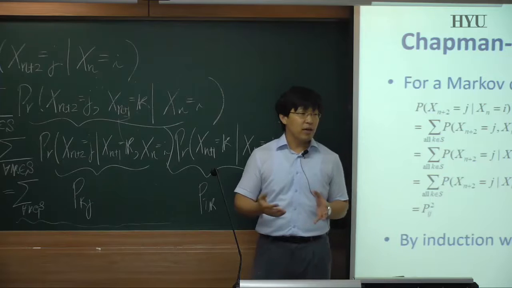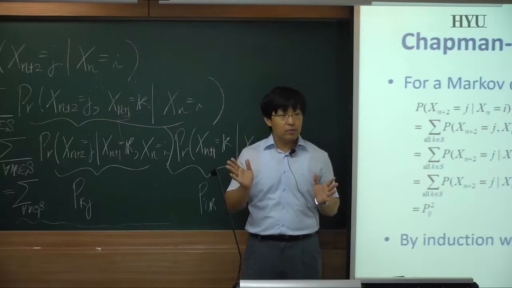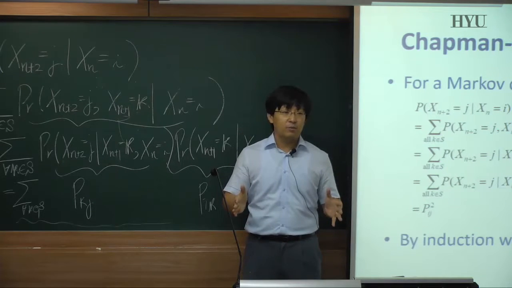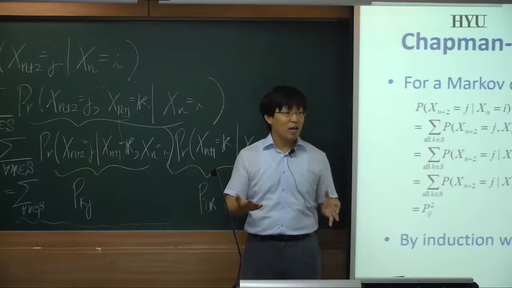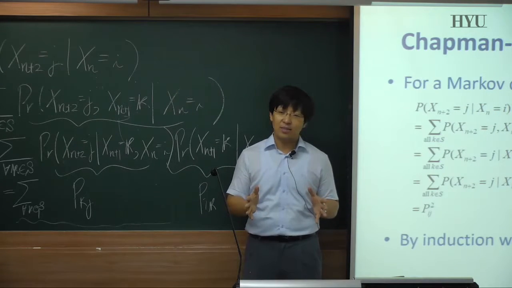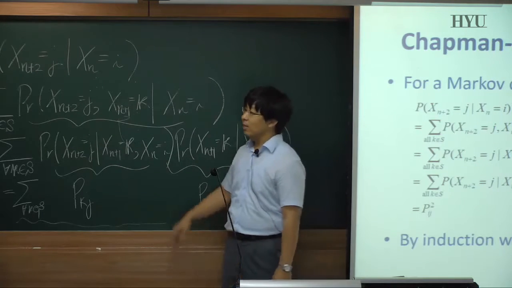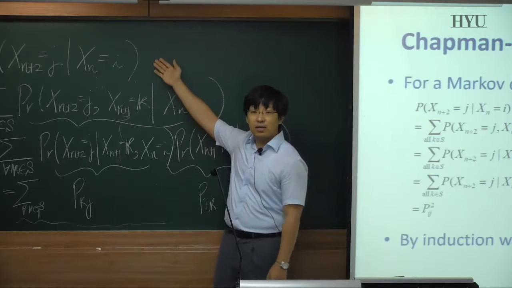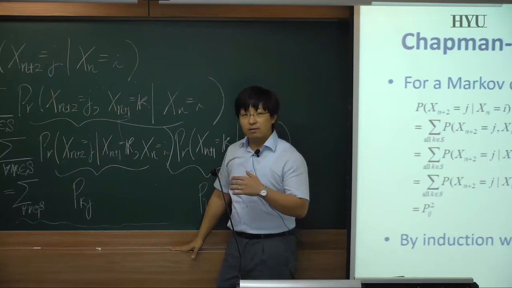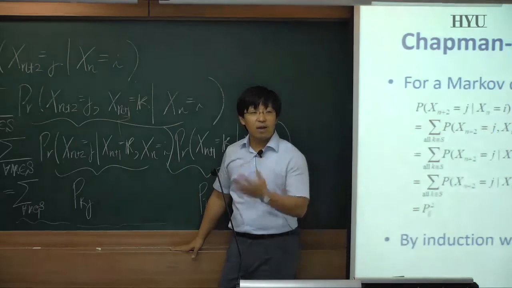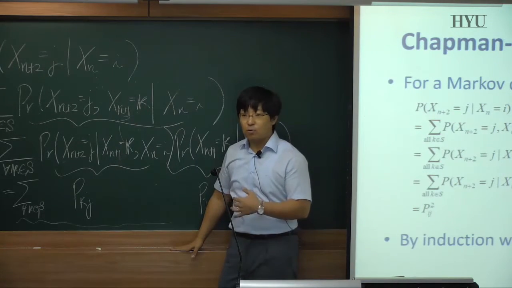When we try to calculate, as long as we know the transition matrix, and as long as we know how to calculate the matrix product, then we can calculate this conditional probability, a certain time after and before.